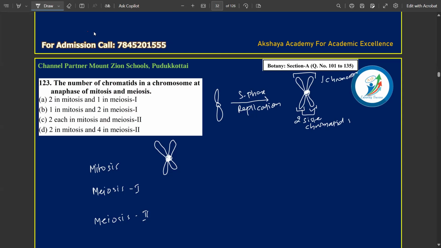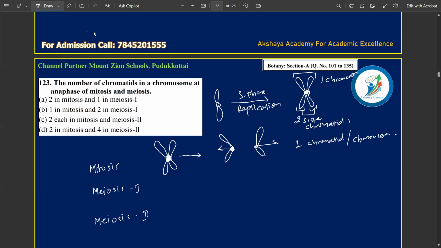The question asks the number of chromatids in a chromosome at anaphase. When you talk about mitosis, at anaphase the sister chromatids get separated because they are pulled in opposite directions. So here we can see there's one chromatid per chromosome.